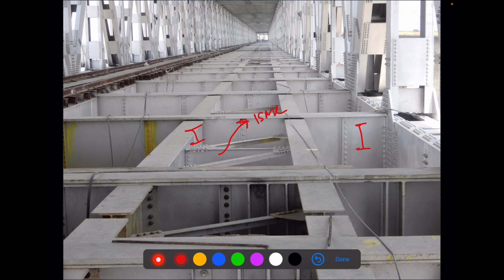Also, we can see that stiffeners are provided over here in the cross girder, and some stiffeners are visible in the stringer portion also.